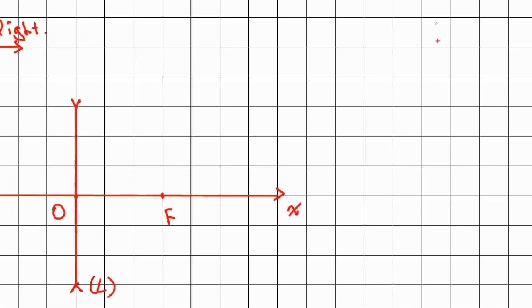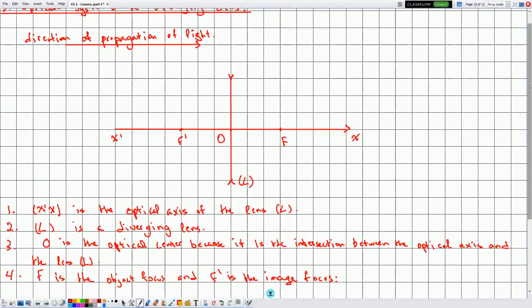For example, if you consider the direction of propagation to be from right to left, and this is the diverging lens, then the image focus will be here and the object focus will be here. The image focus will be on the right and the object focus will be on the left.